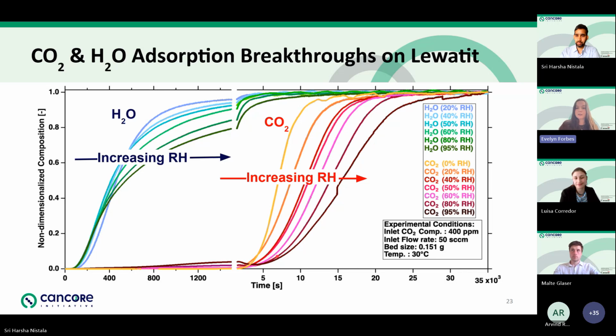And you may remember that I mentioned that the area behind the curve tells you how much CO2 has adsorbed onto the material, which means that at higher RHs, there is more area behind the curve, which means there is more loading and more CO2 adsorbed onto the material.